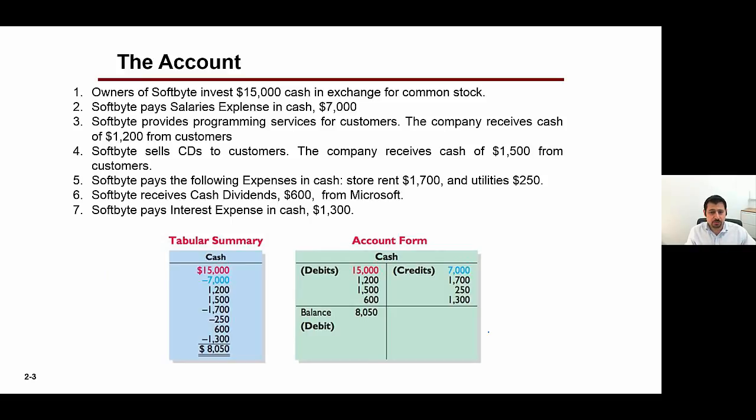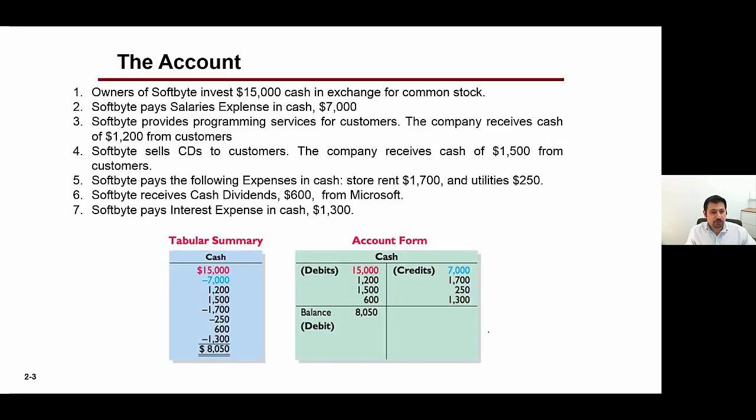So for example, let's look at the transactions that relate to the cash account from the previous example. Basically here we have a list of transactions that involve cash.